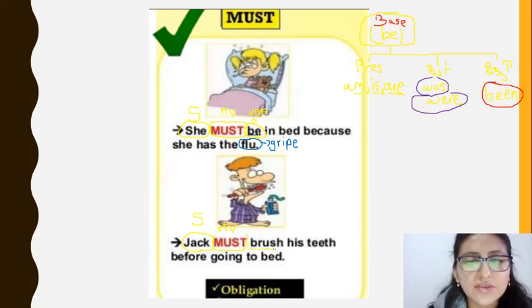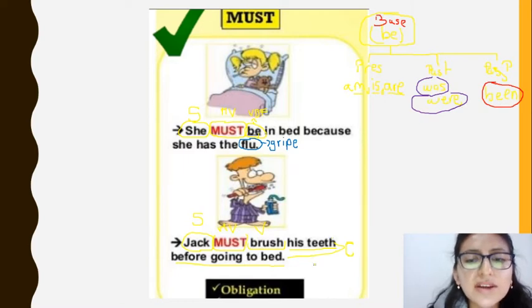Very good. Brush. And what is the complement? Good job. His teeth before going to bed. Jack must brush his teeth before going to bed. Jack debe lavar sus dientes antes de irse a la cama.